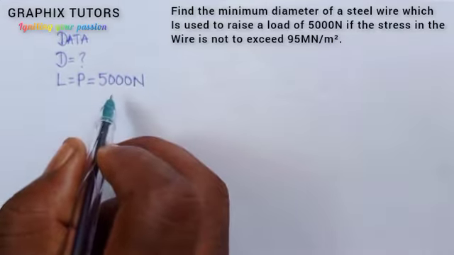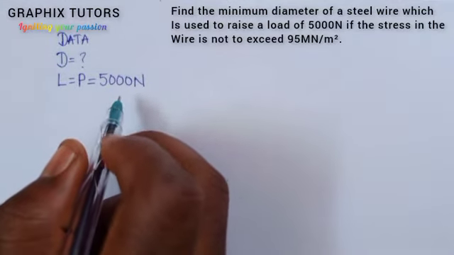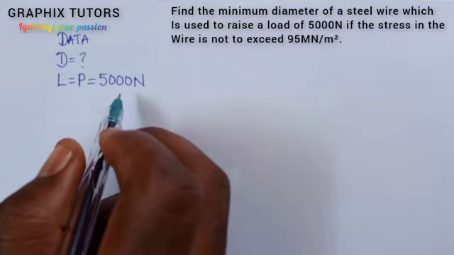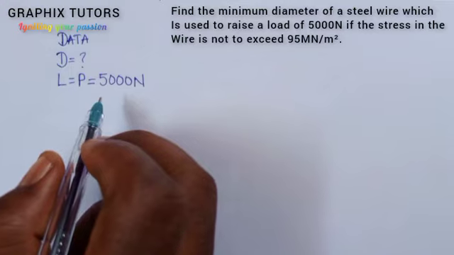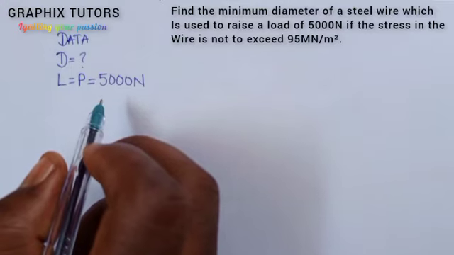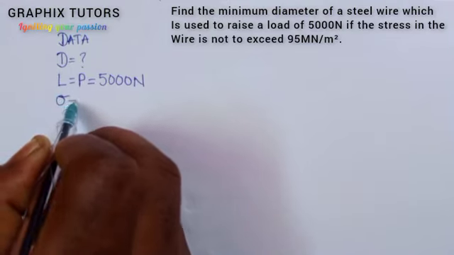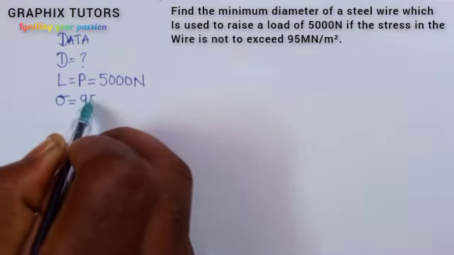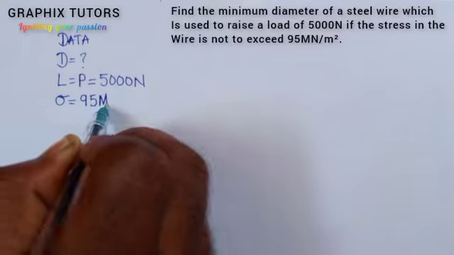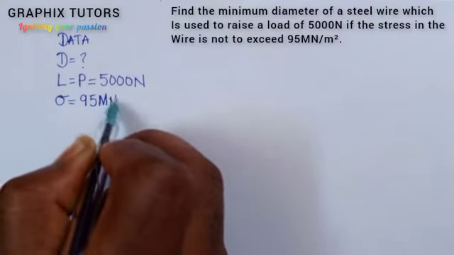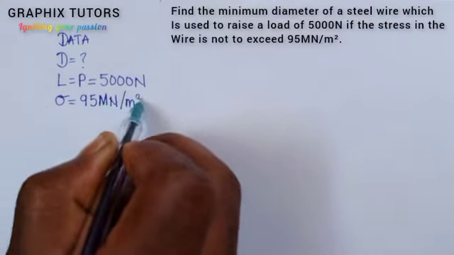Now the next thing that we have to calculate says if the stress in the wire is not to exceed 95 meganewton. So the stress is given as 95 meganewton per meter square.